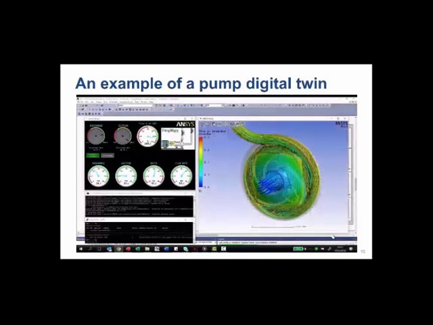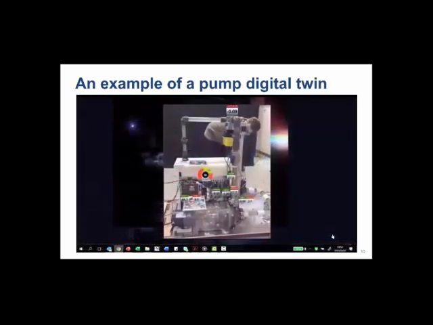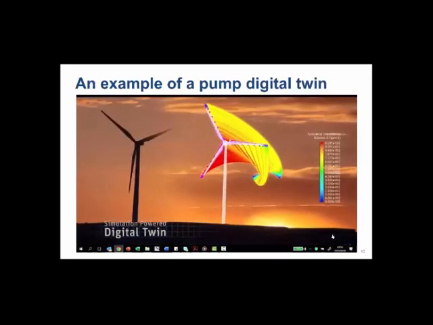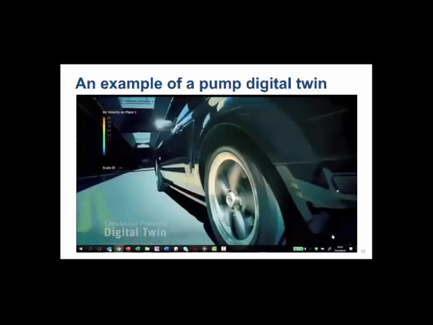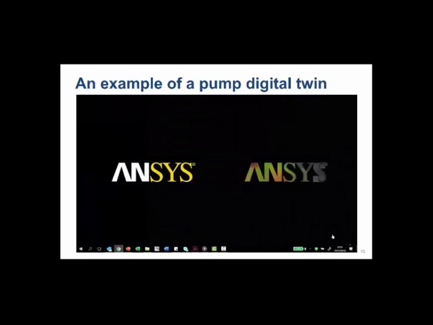Here, you can see that no more bubbles are present and the pump is once again operating properly. The cavitation issues have been corrected in the digital twin and can now be applied to its real-world counterpart. Digital twins require a complex and comprehensive knowledge of systems engineering. Only Ansys has the breadth and depth of simulation experience to bring the full power of digital twins to your engineering challenges.